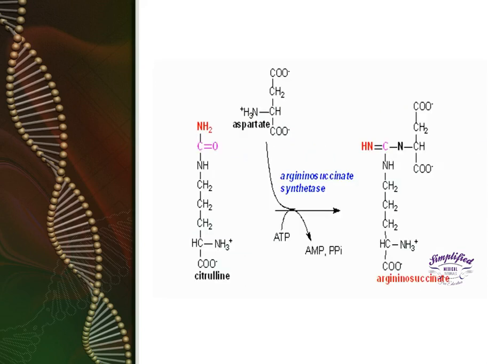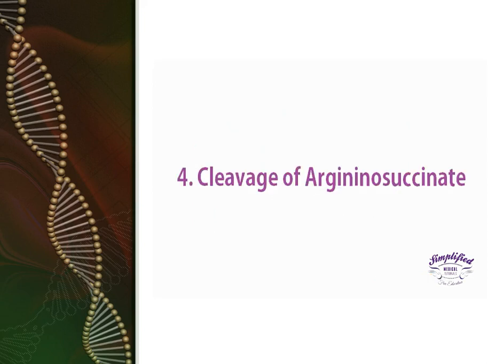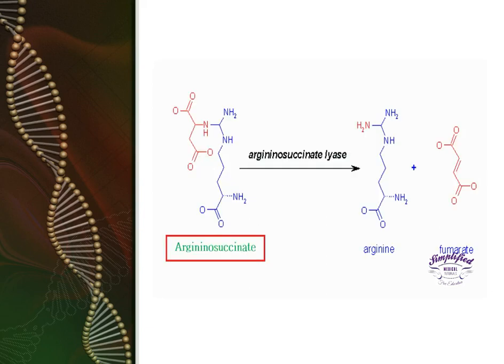It is important to note that the third and final ATP in the cycle is utilized here. The next step is the cleavage of argininosuccinate. The intermediate argininosuccinate is cleaved by the enzyme argininosuccinate lyase to yield arginine and fumarate.